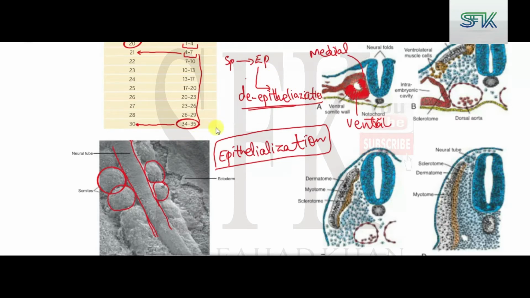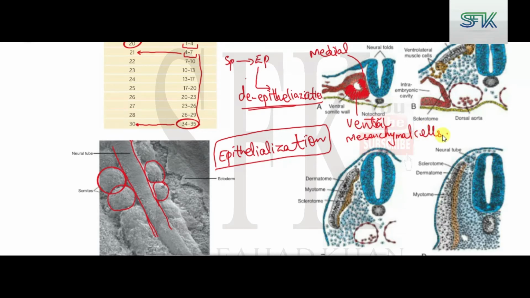Initially they went under the process of epithelialization and formed this structure. Now they'll lose their shape and form mesenchymal-looking cells. Mesenchyme is actually the pluripotent connective tissue of the embryo.